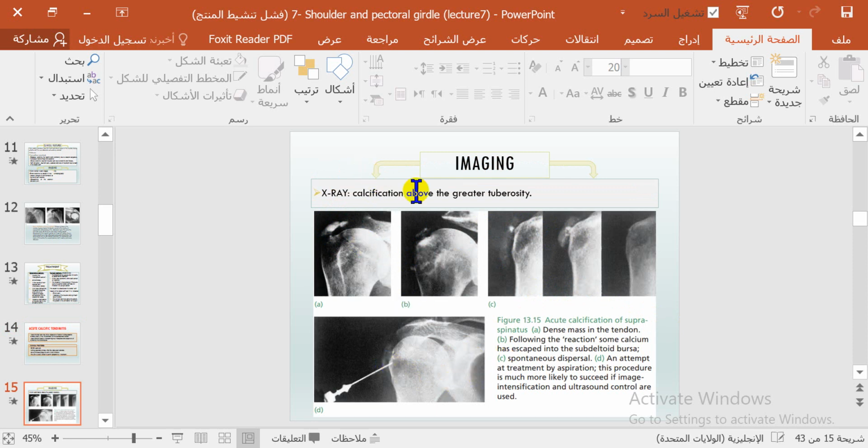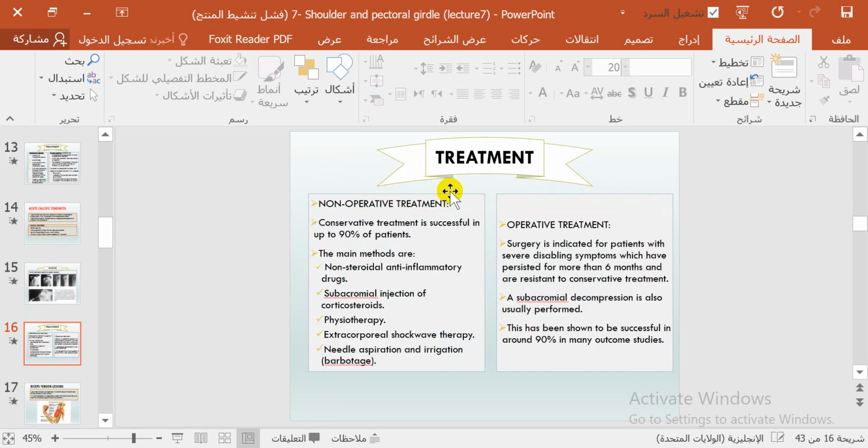Non-operative, conservative treatment is successful in about 90% of cases, and the main methods are non-steroid anti-inflammatory drugs plus subacromial injection of corticosteroid, physiotherapy, extracorporeal shockwave therapy, and needle aspiration and irrigation with normal saline, and injection of the steroid also.